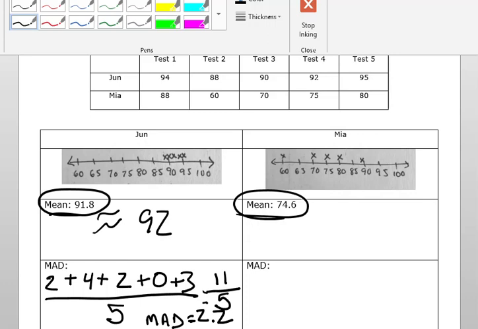Okay, so that's my mean absolute deviation here. This is for June.